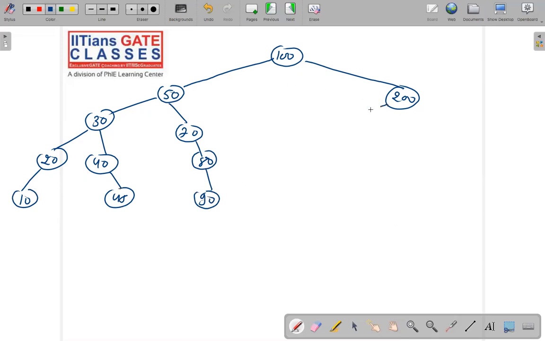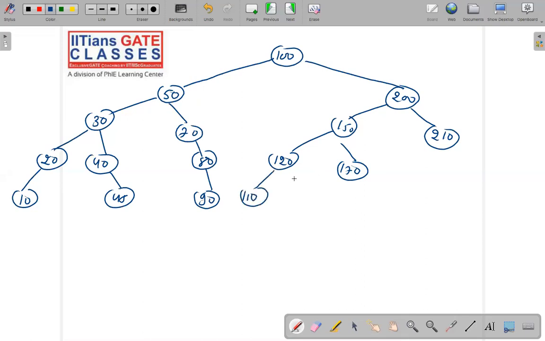Now at 200, we have 150, 120, 170, 110, 130, 105, 115, 140 here.